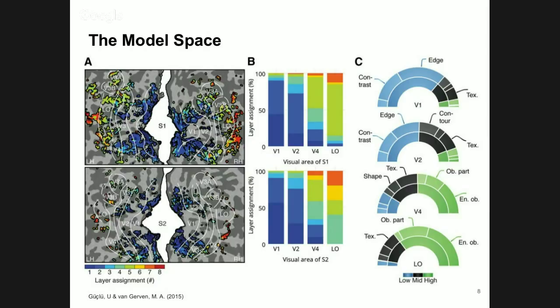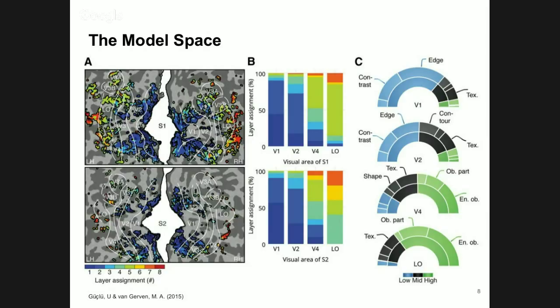So basically, the figure C to the right shows what the features are in V1, V2, V4, and LO, which means the lateral occipital complex. It's a region that does basic level, general object recognition.